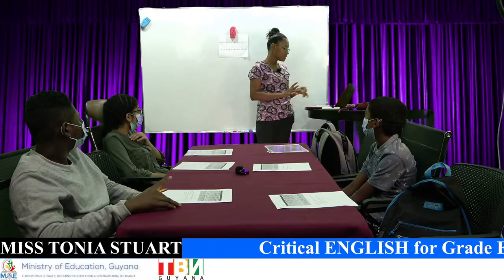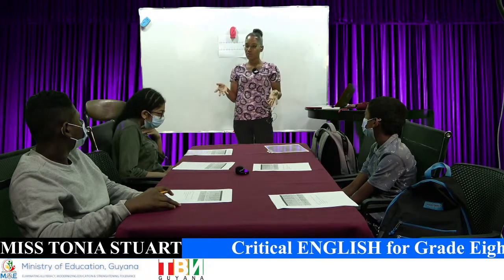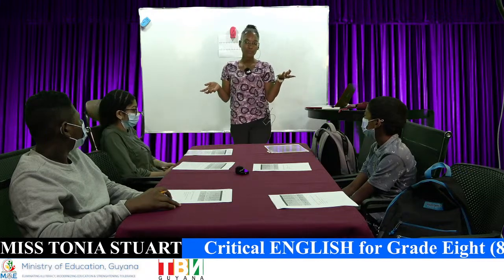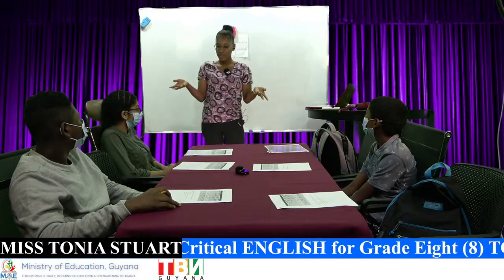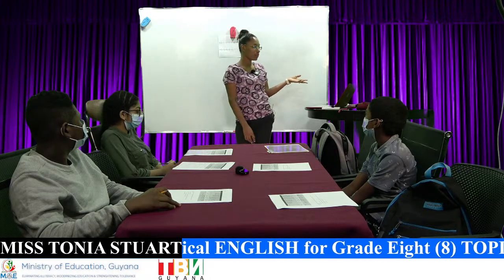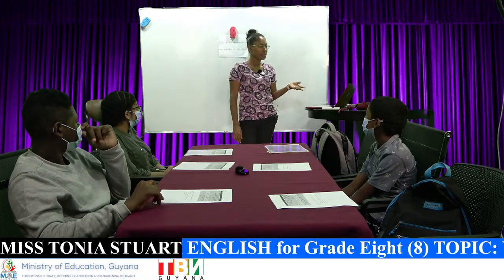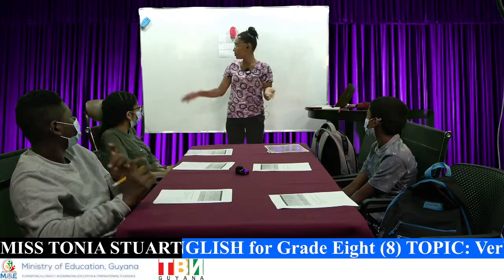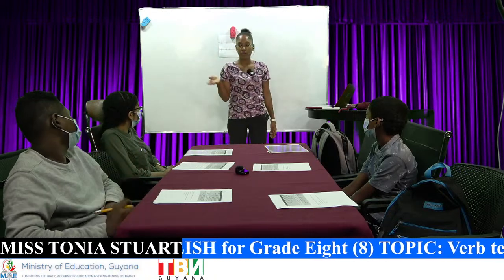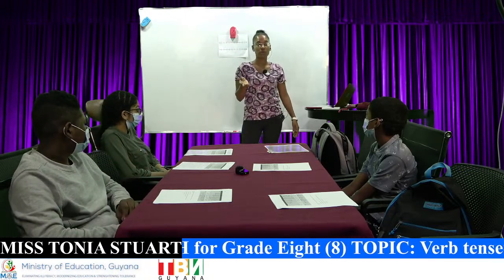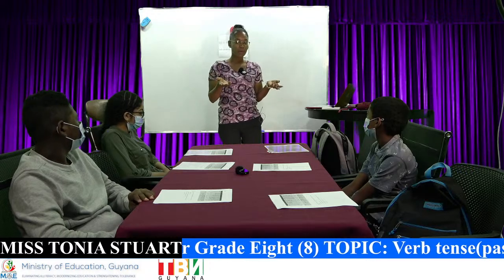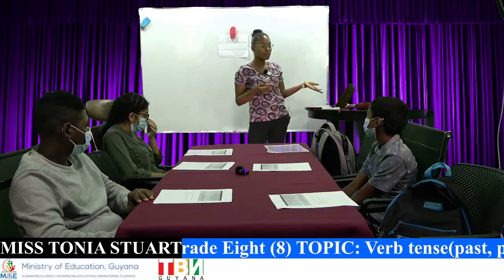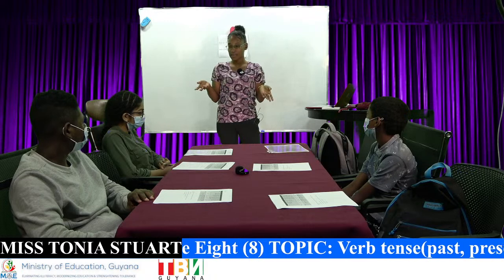Now, when you see the information, it may look a little bit difficult. What we're doing is an introductory lesson. In this lesson, we're going to meet the definition of the past tense and the various forms of the past tense. We're going to look at the structure of them, then a few examples, and then we're going to try an exercise.